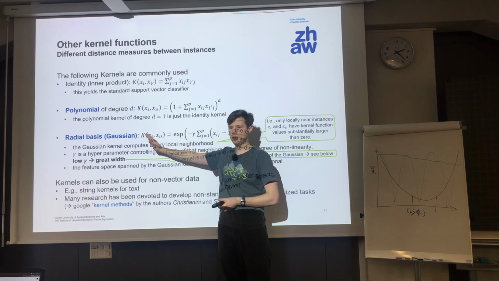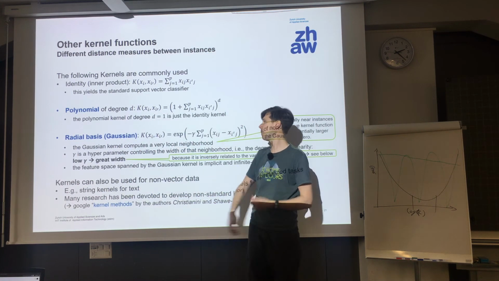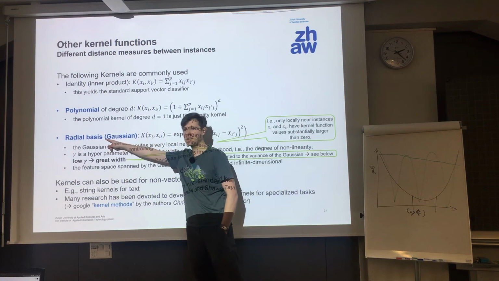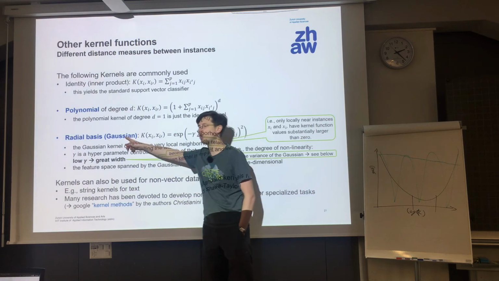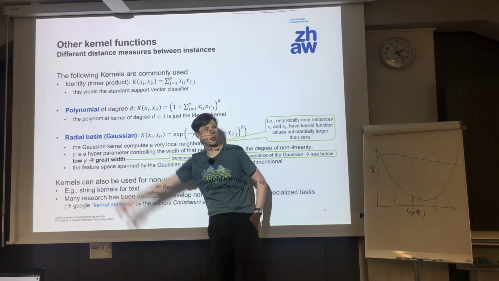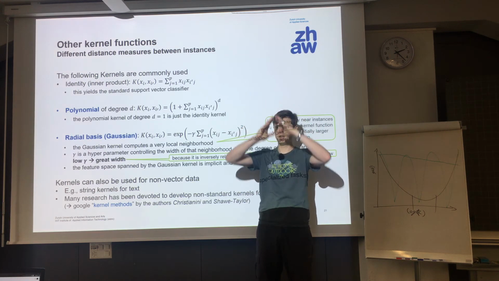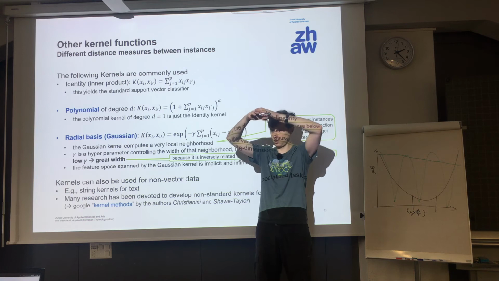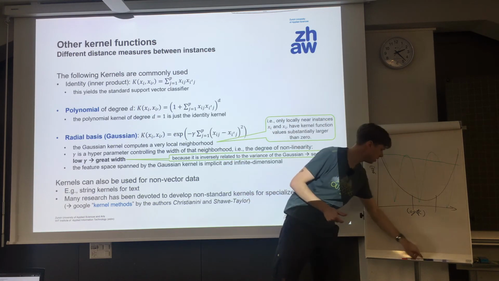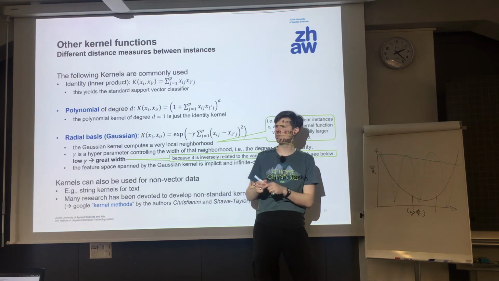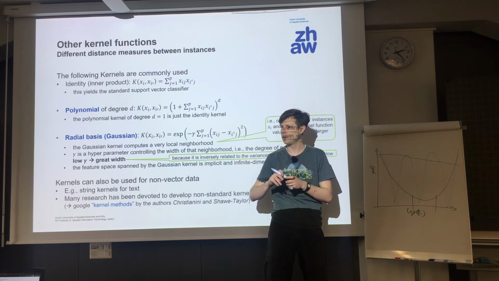Another very famous thing, actually the thing that is probably most used in practice when you want to use a nonlinear SVM, is the so-called radial basis function kernel, well known under this name, the Gaussian kernel. What the Gaussian kernel basically does is it places a Gaussian curve. You can basically imagine it like, of course you know the bell-shaped curve, the Gaussian curve.